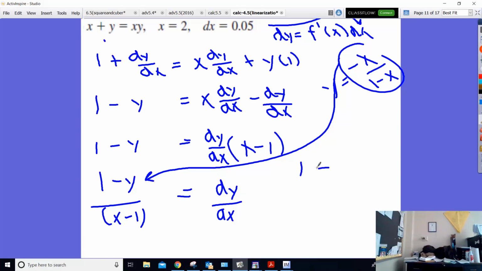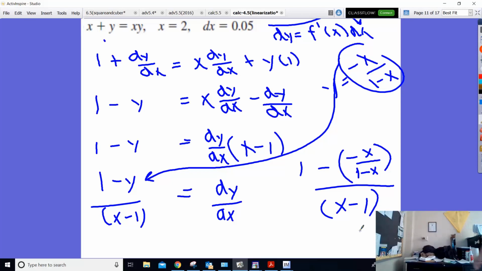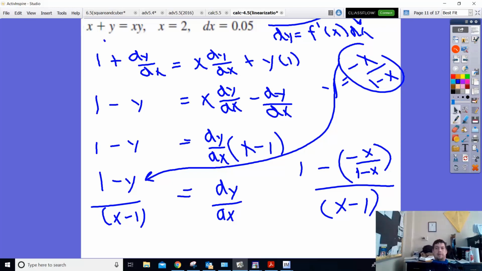1 minus negative x over 1 minus x, sitting over x minus 1. Well, it just got even harder. And I have to make sure that it cleans up to be what we had before, which is even more fun.